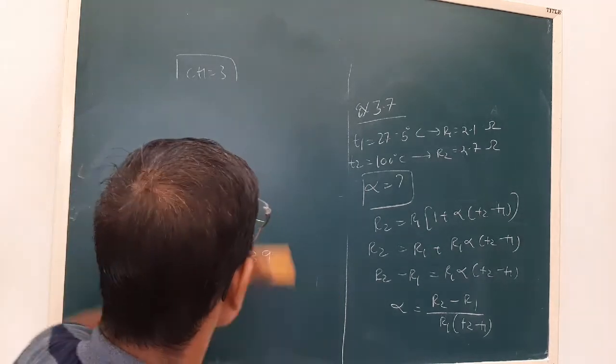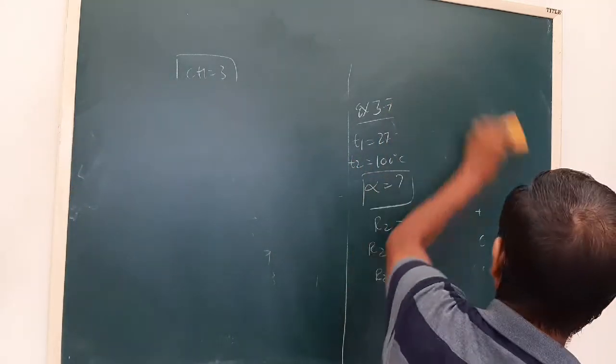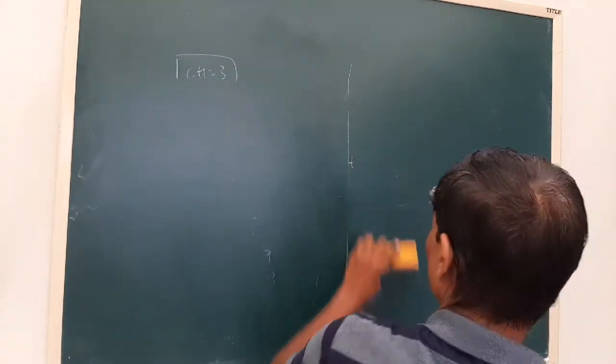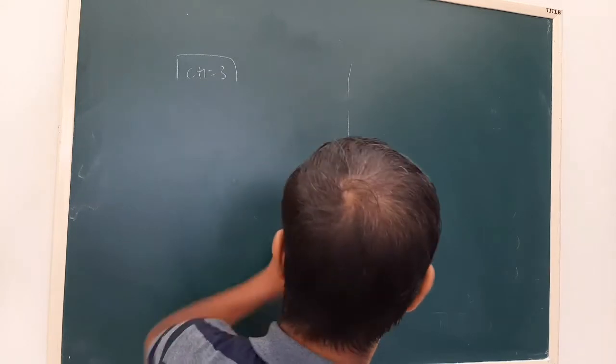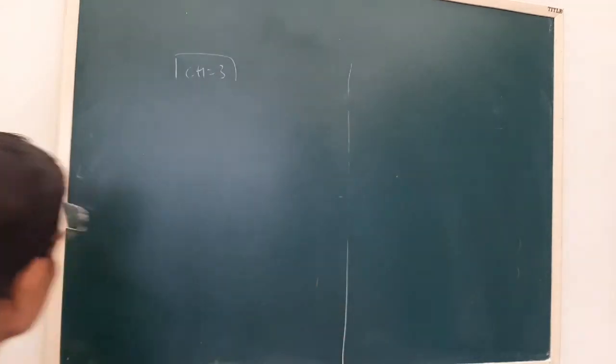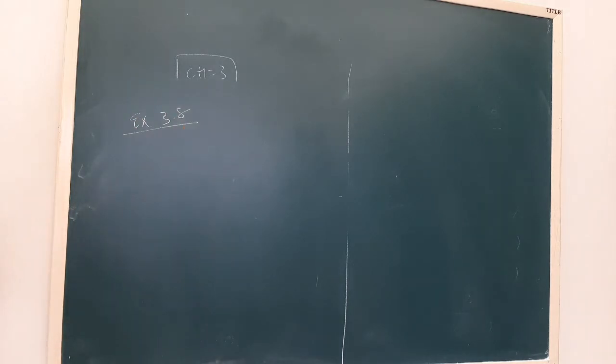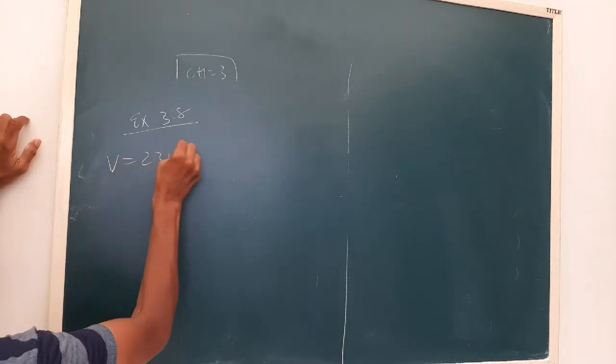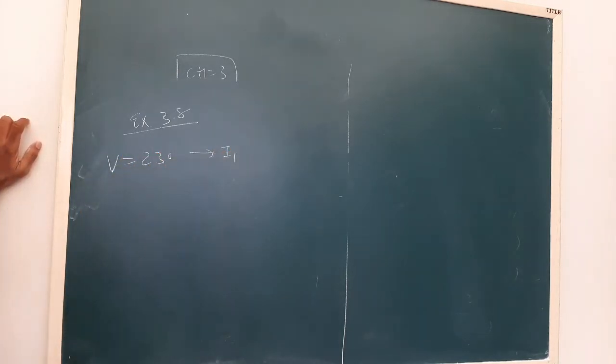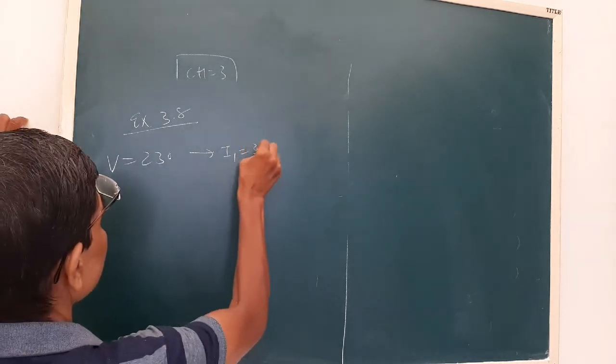Now exercise sum number 3.8. Now see, the heating coil of nichrome is connected to 230 volt. First we get the current as 3.2 ampere.